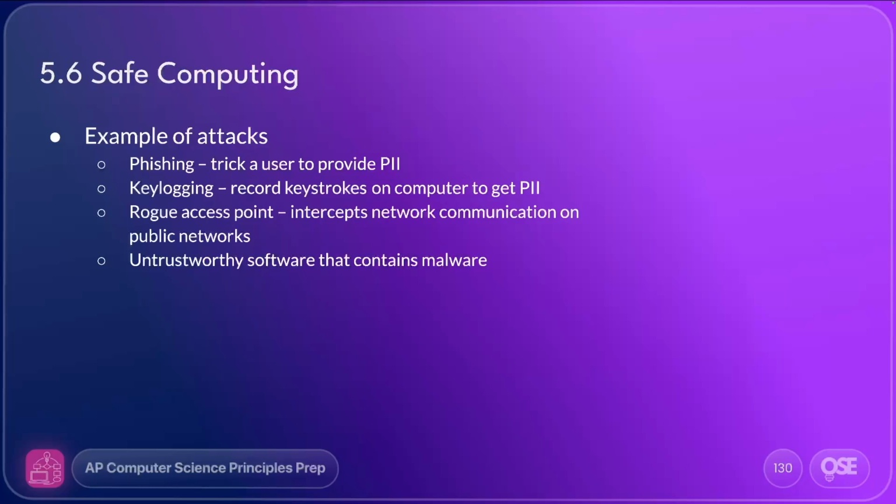Rogue access point is something that intercepts network communication on public networks to, again, obtain some information. And untrustworthy software that contains malware can also cause some attacks and also take your information.